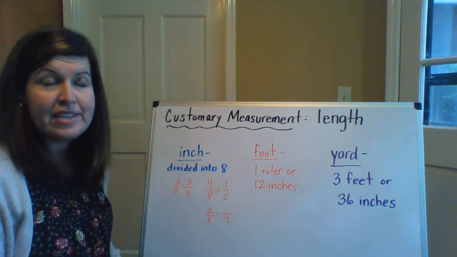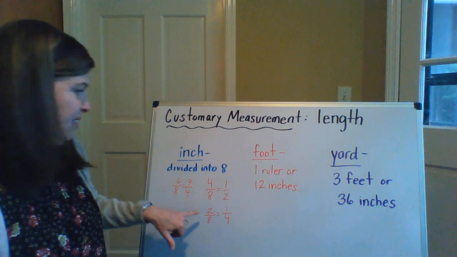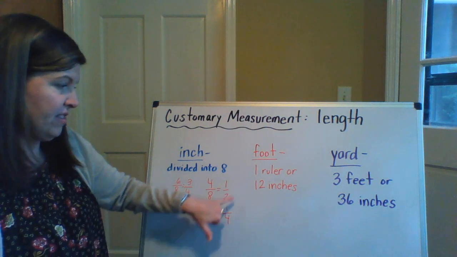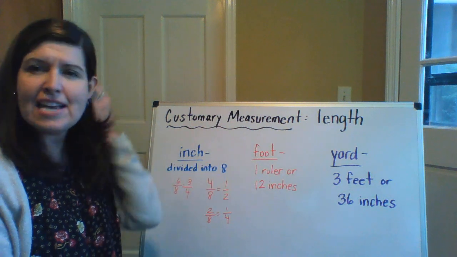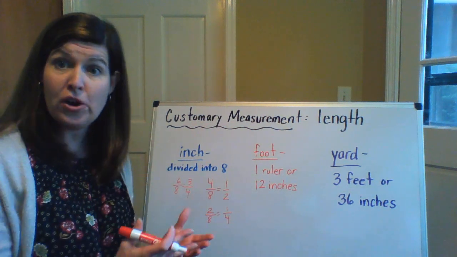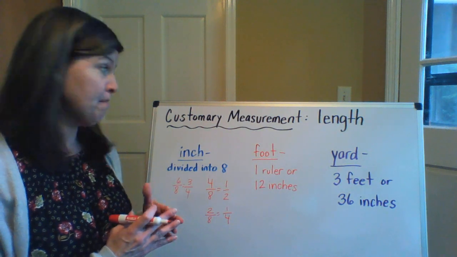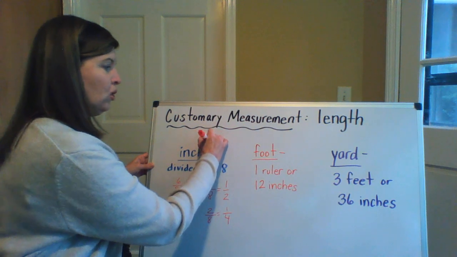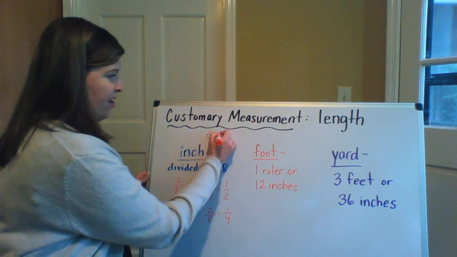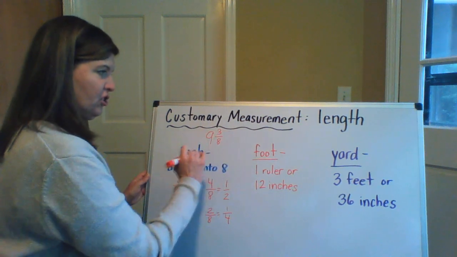So sometimes you'll hear even smaller measurements besides 1/4, 1/2, and 3/4. Sometimes, so for instance, let's say I'm measuring wood and I go into Home Depot and I ask them to cut wood. I might say, hey, I need something that's 9 whole inches and then 3/8 of an inch.